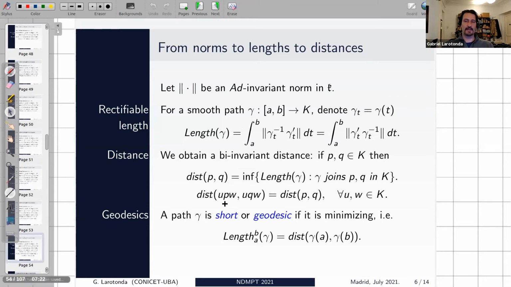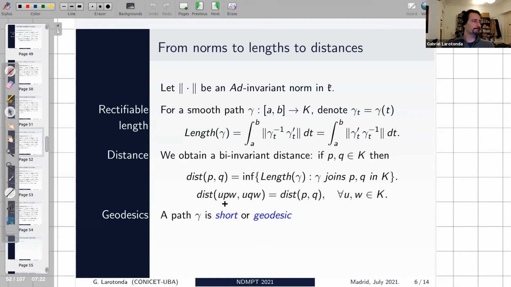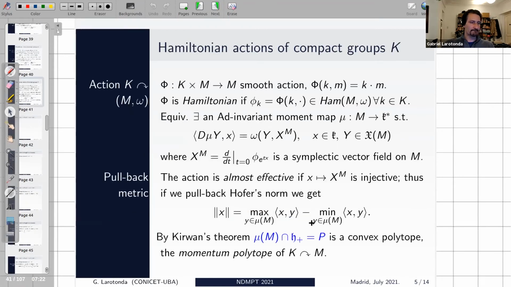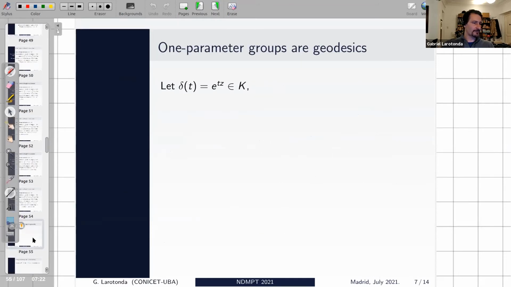That was our natural definition of short path or minimizing path among endpoints. Okay, now we have established that we have a tangent norm in the group, which is this one. We have defined our length, we have defined our distance, we have our notion of geodesics.